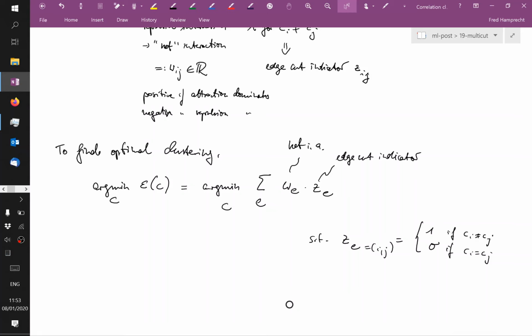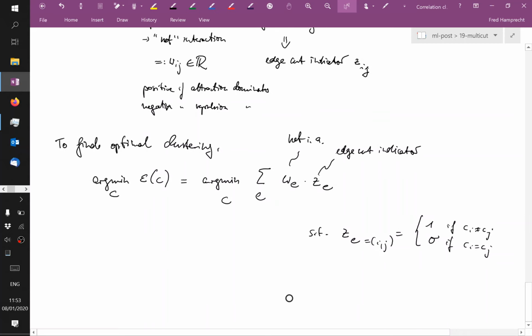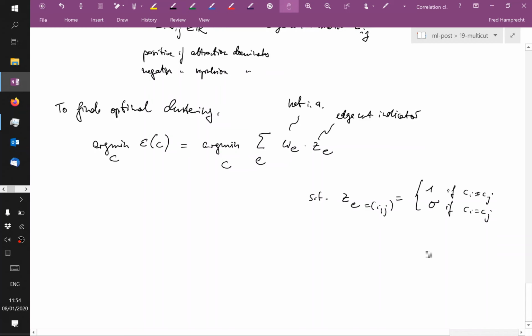And the edge cut indicator is then given in terms of the node labels. But this seems like a detour. So you see, I'm optimizing over node labels, but what I have in the objective function really depends on the edge cut indicators. So wouldn't it be much nicer to directly optimize over the edge cut indicators?